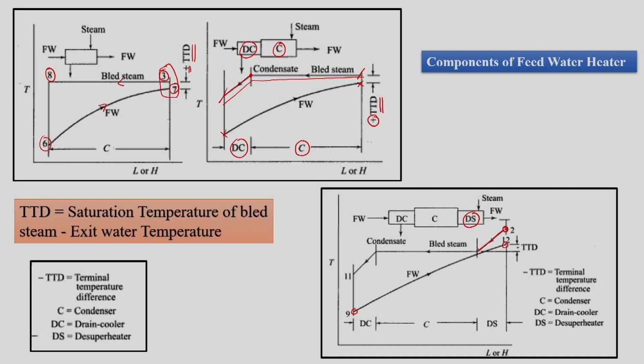Initially steam will lose the superheat, then usual condenser, and then the drain cooler. So, a high pressure feed water heater will have three components: de-superheater, condenser and drain cooler. An intermediate feed water heater will have two components: condenser and drain cooler, and the lowest feed water heater will have only one component, which is called the condenser.